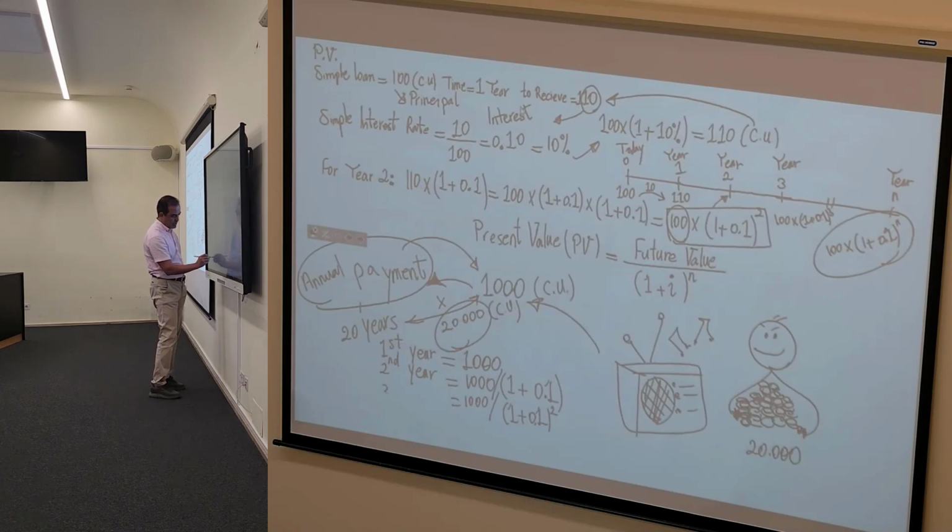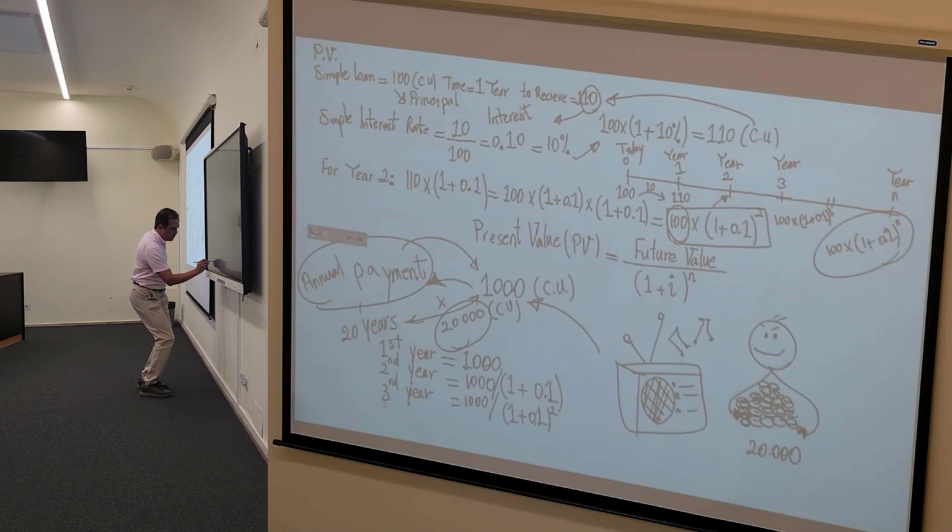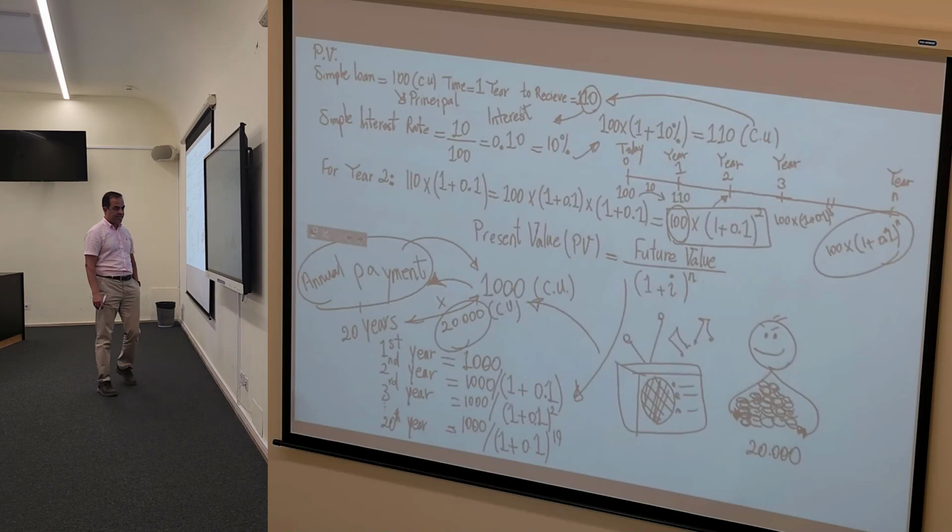So that is for the third year. And for year 20, it should be discounted like what? 1,000 over 1 plus 0.1, for 10%, to the power of 19.